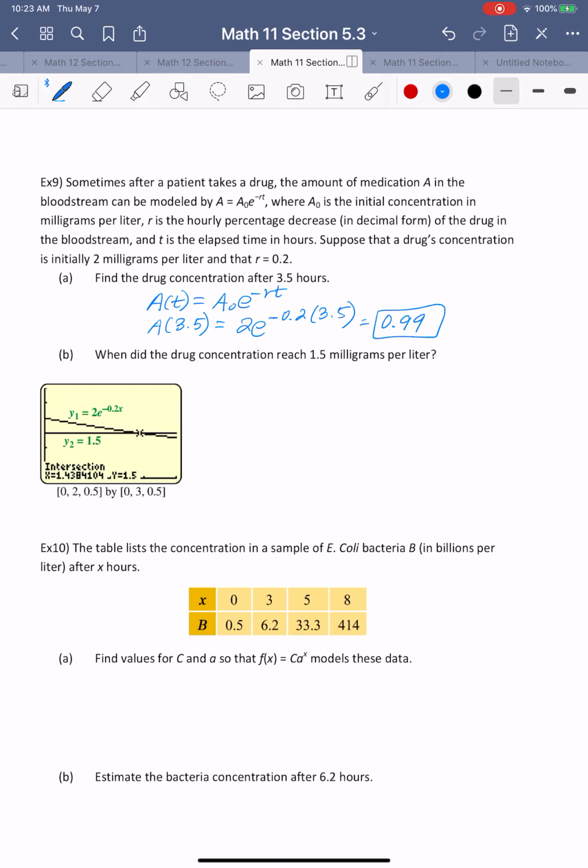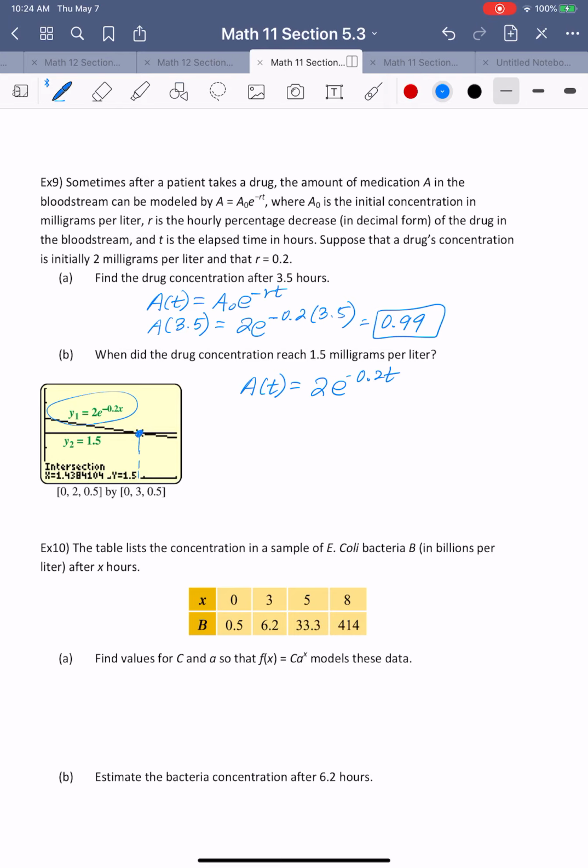When does the drug concentration reach 1.5 milligrams per liter? If you use a calculator, for the function of the amount of the medication in the blood, I want to use 2e to the negative 0.2t to graph this, okay? And then for the 1.5, it's about here.